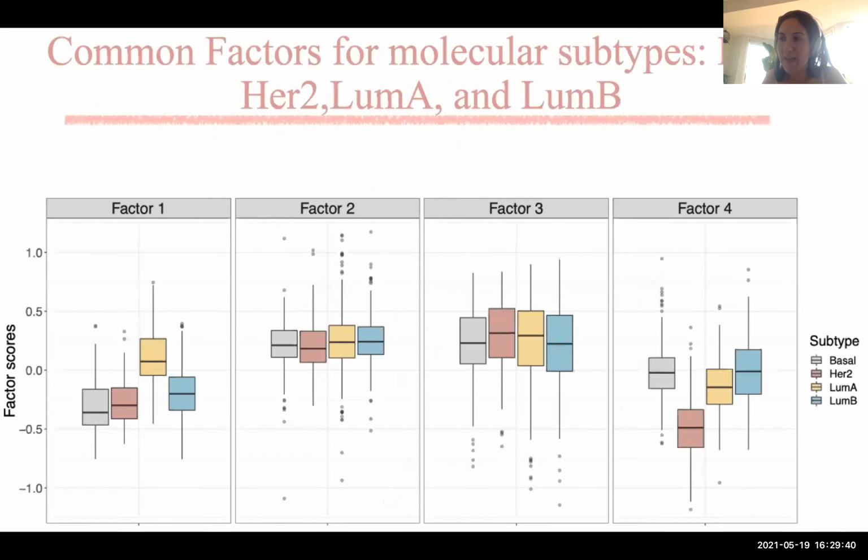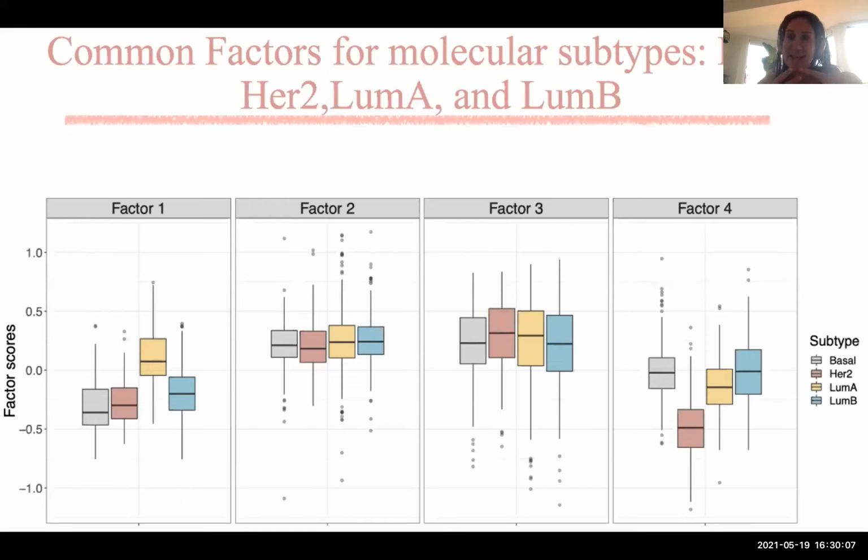Another analysis that we did, following the early gene expression clustering efforts, was to see if some of our factors are associated with the breast cancer molecular subtypes. And as you know, breast cancer is often categorized into 4 subtypes.